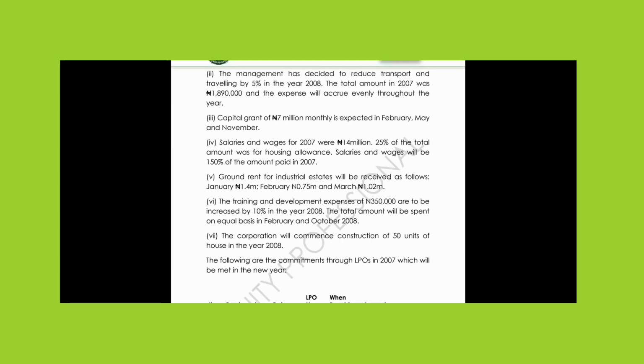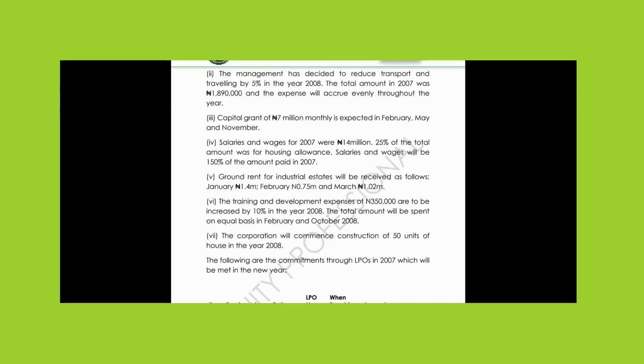25% of 15,750,000 is 3,937,500. Plus that 15,750,000 is 19,687,500. No, something is missing.